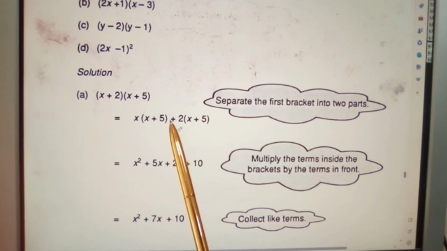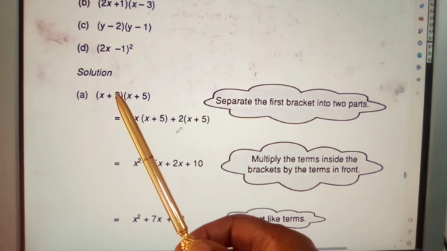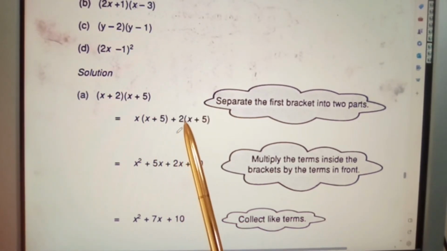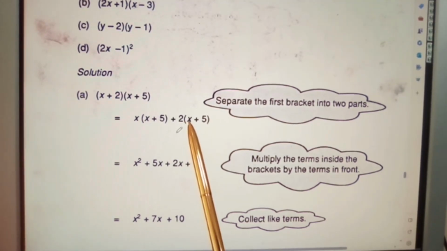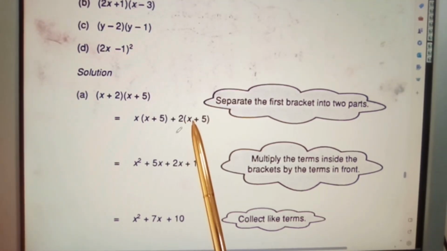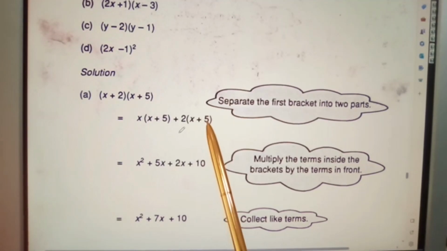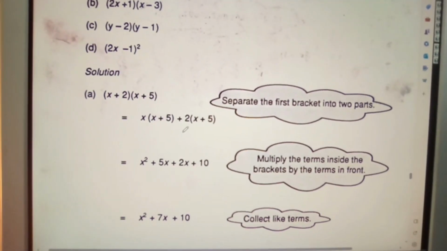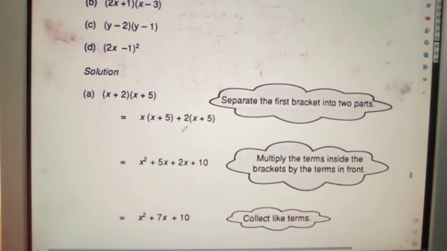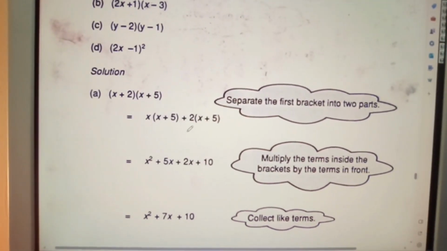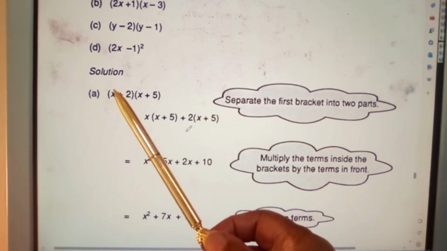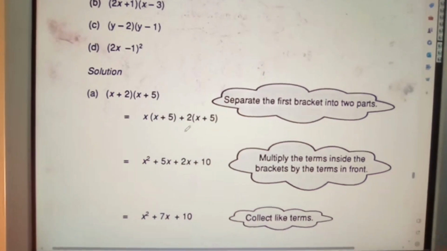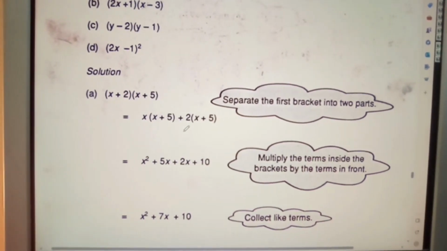He's then gone on to say add, taking the first bracket, 2 times x plus 2 times 5. So what he's done here, he's actually used the first bracket as his multiplier. As for my terms, I will use it as a multiplier to remove the brackets.